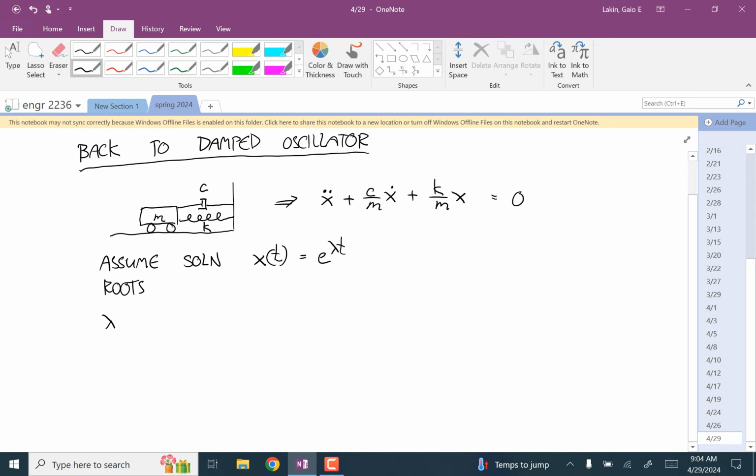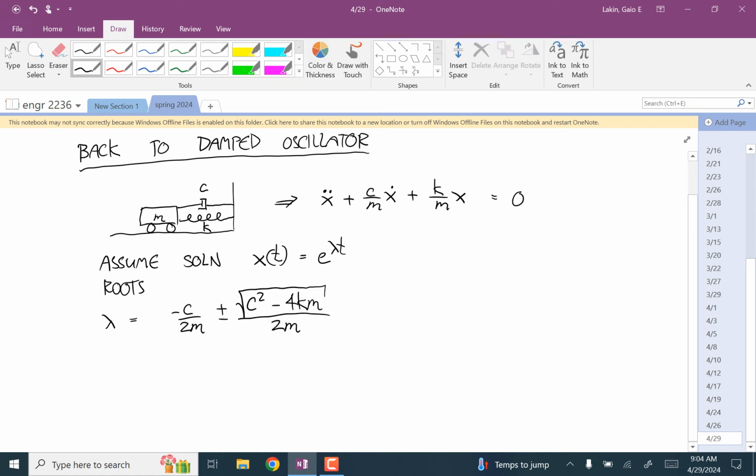We got lambda is equal to negative c over 2m plus or minus square root of c squared minus 4km all over 2m.